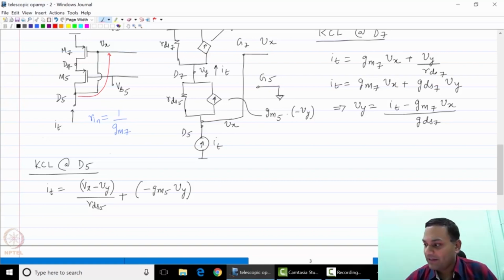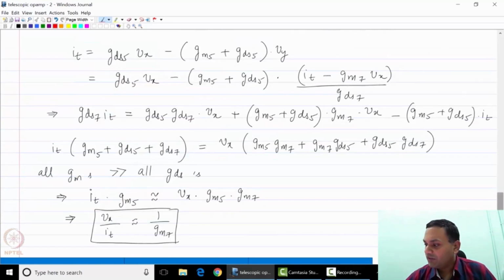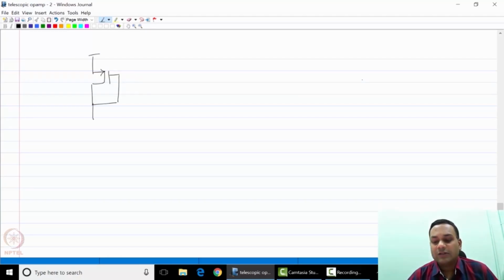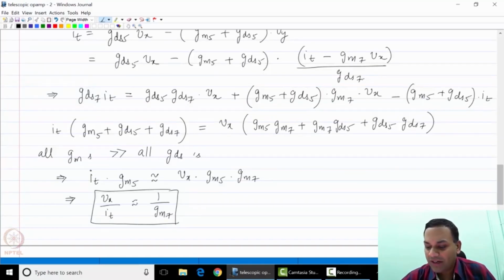This is very similar to taking a transistor and connecting its gate to its drain. The Rin for that is 1 over gm. It turns out that even for a cascode current mirror, this feedback action gives you an input impedance of 1 over gm7.